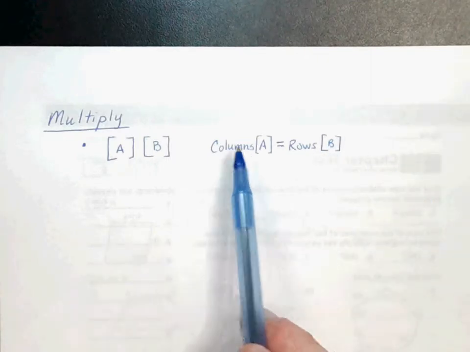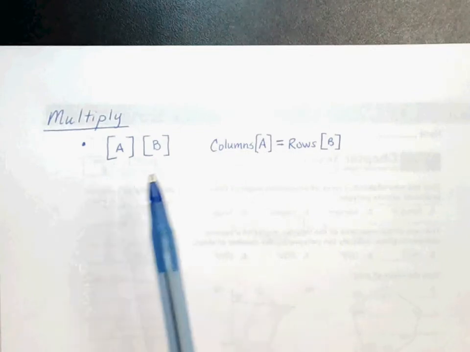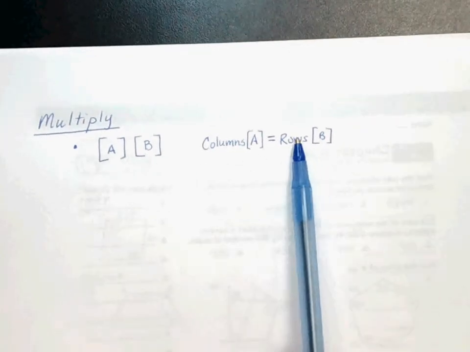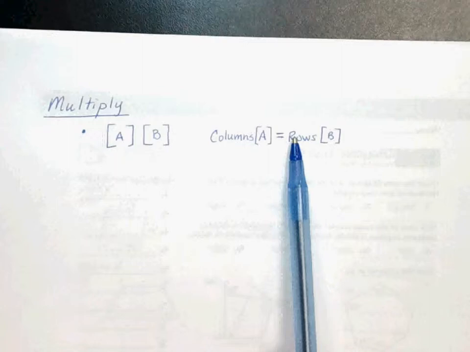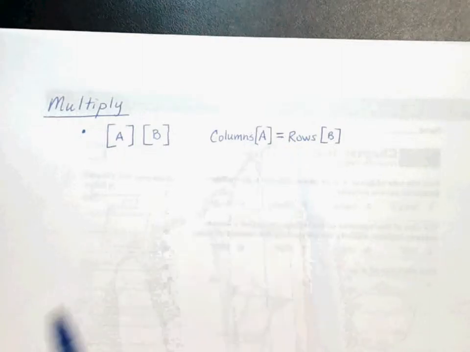So the columns of A have to be the same or equal to the rows of B. Right?